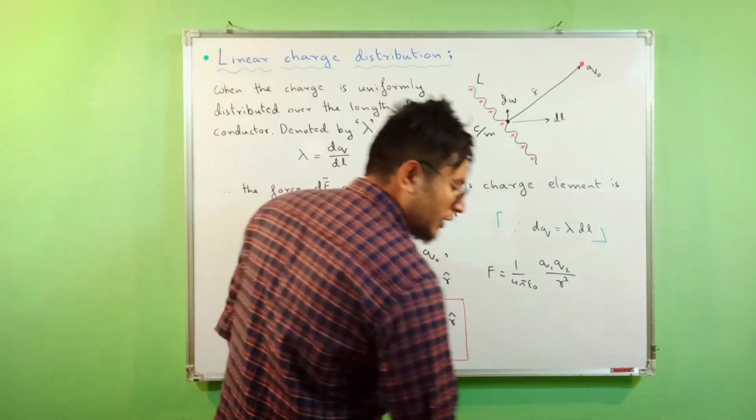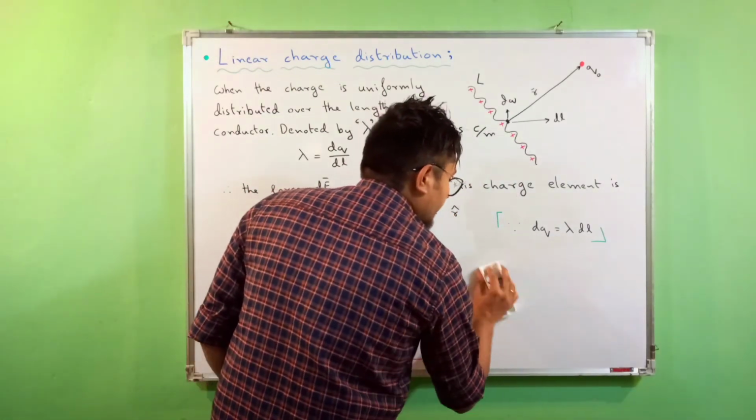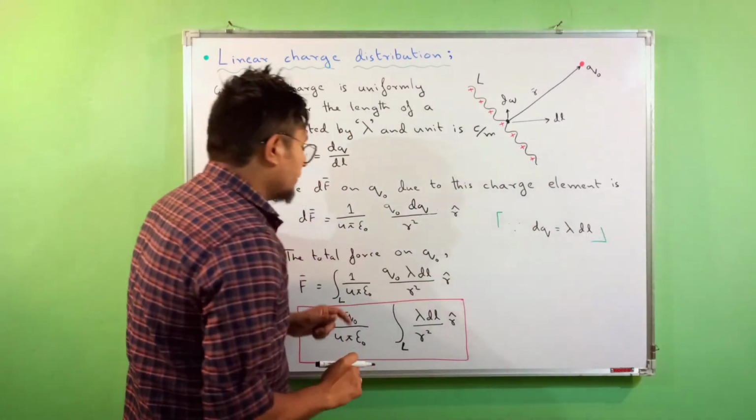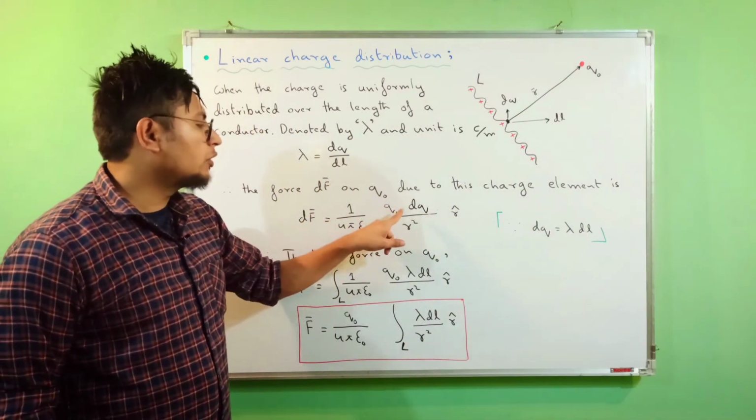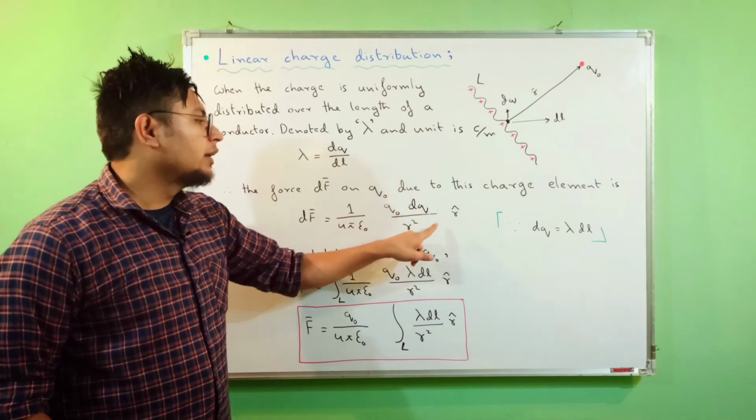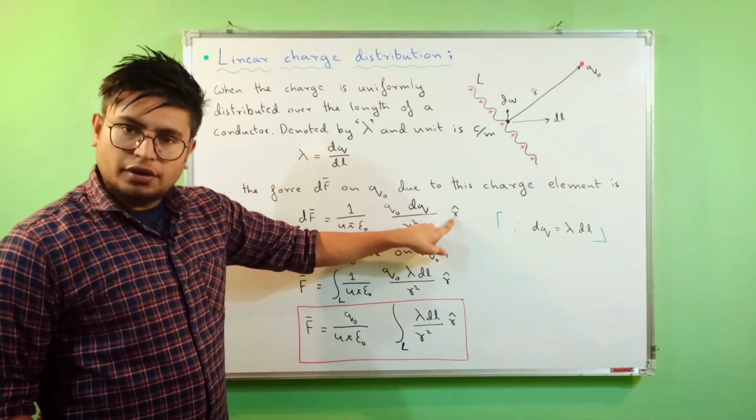Hence I can write this equation in this form: dF, the small element of force, equals 1 by 4 pi epsilon naught, Q naught dq by r square, along the unit vector r.